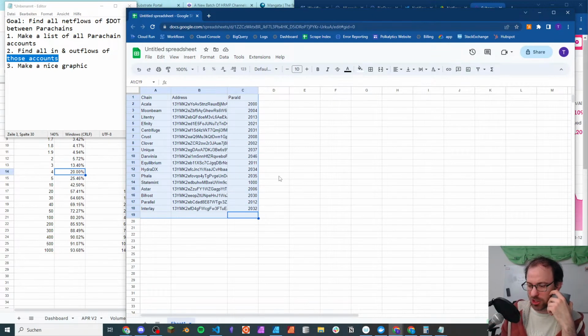So to do this, we actually need to aggregate the data on a day-by-day basis. Usually you would go about this in two different ways. You could pick one block every day and then ask an archive node of the chain directly, tell me please, what is the amount of tokens on the exchange or on that parachain on that day?